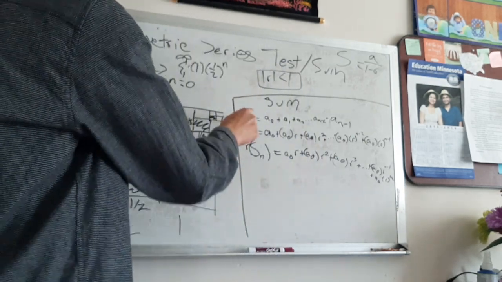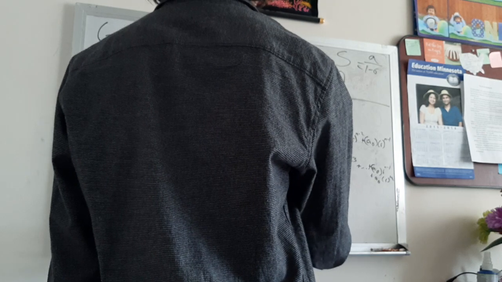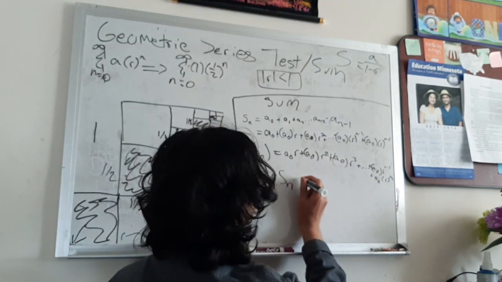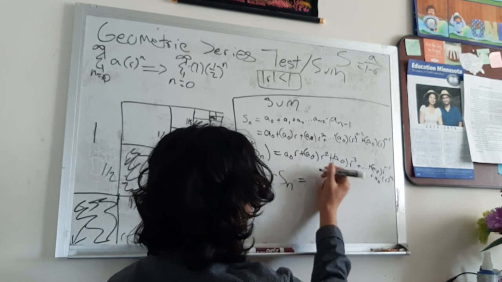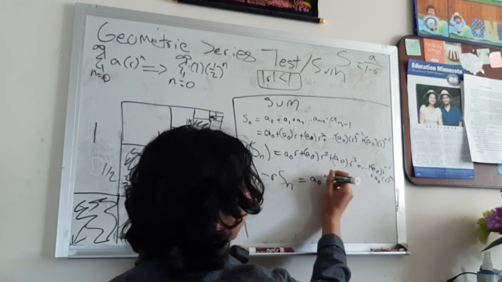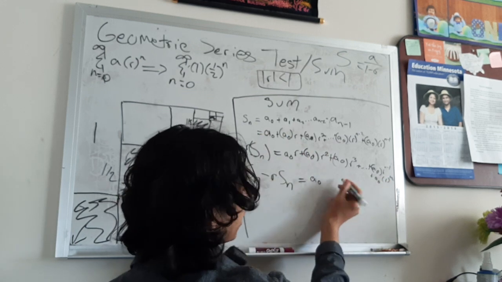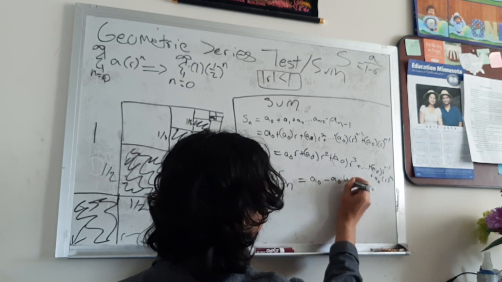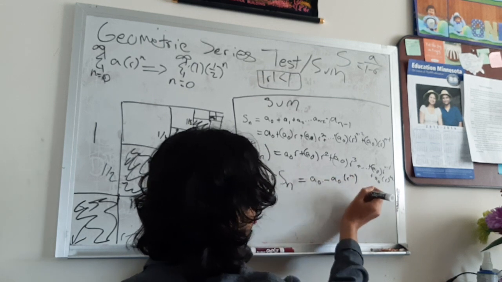So what if we subtract S of n from r S of n? If we do that, we'll have this a naught term left over on the positive side, and on the r S of n side, we'll have negative a naught r to the n.